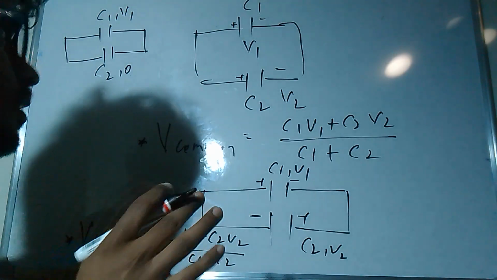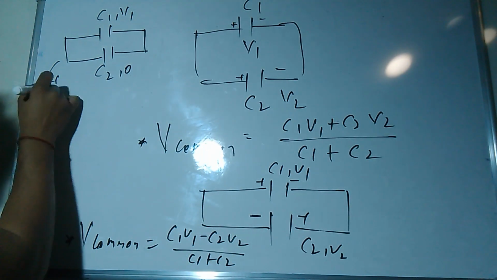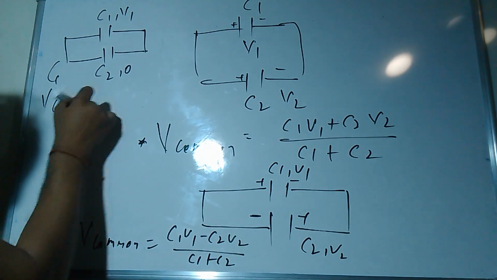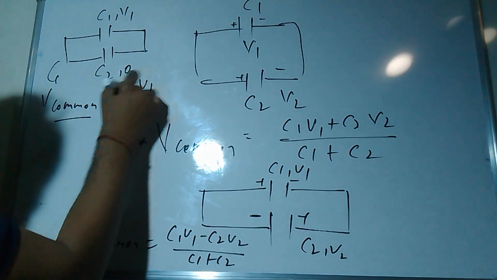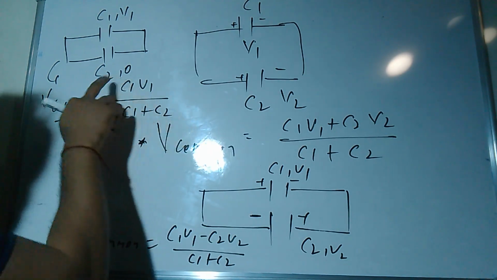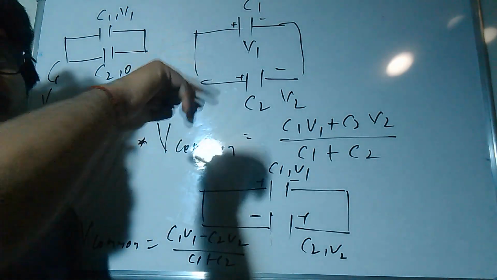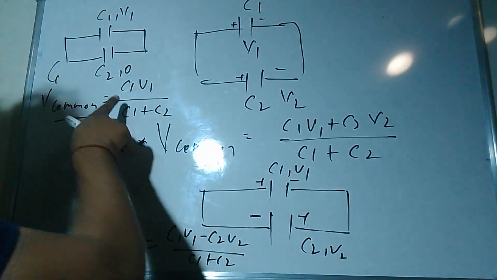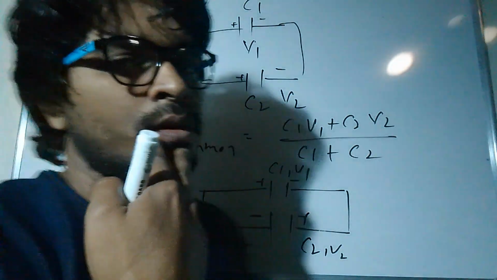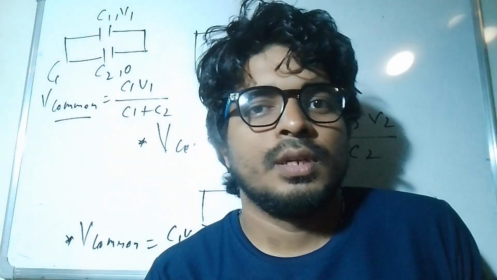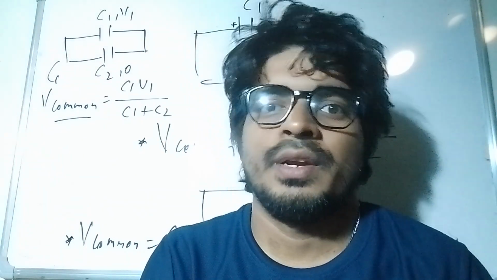If you want to find out the common potential, then what will it be? C1 V1 divided by C1 plus C2. Here the term C2 into 0 will be eliminated, so no need to worry about that.